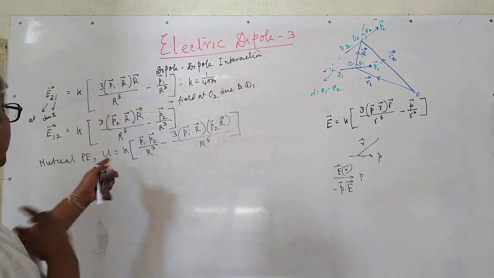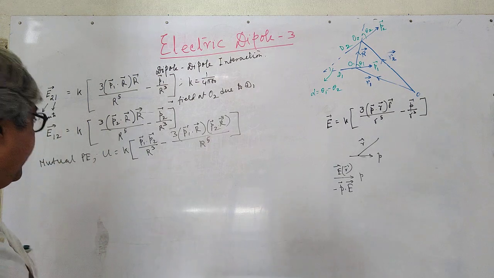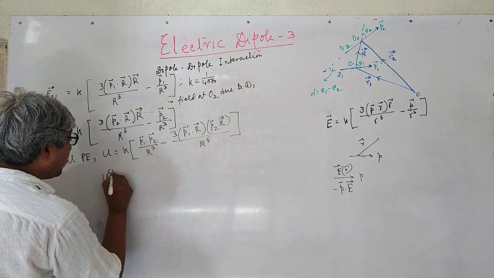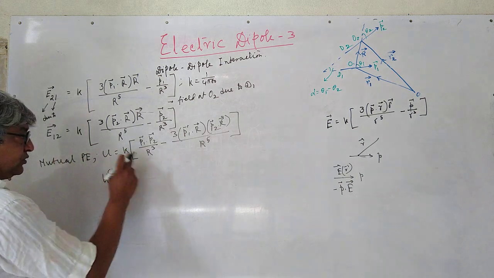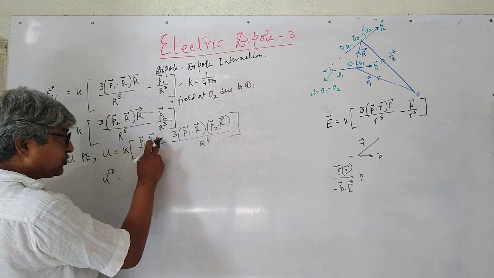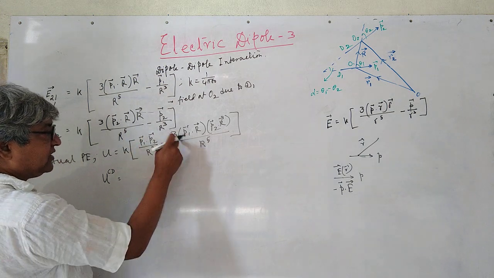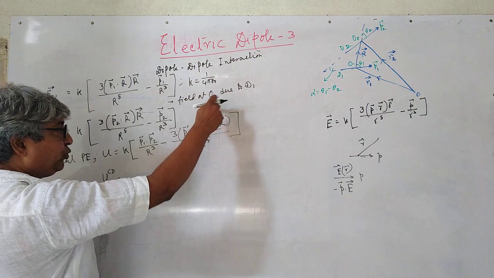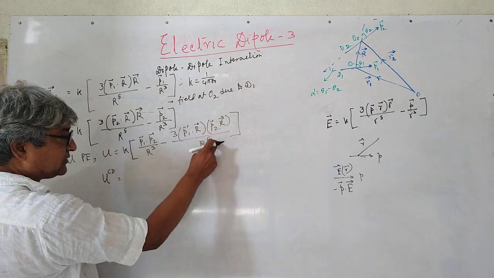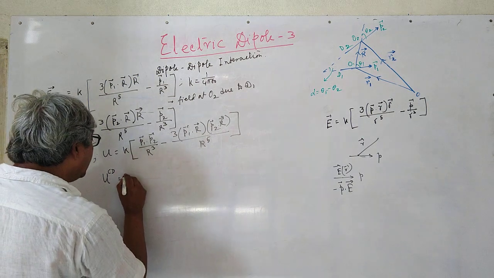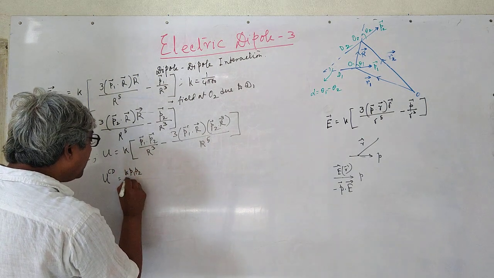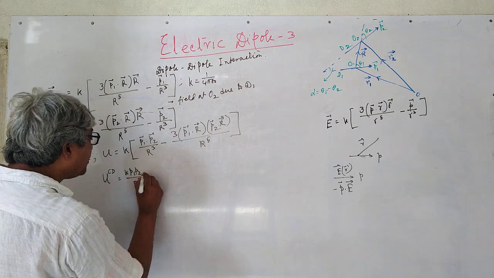So we can simplify this for a coplanar dipole. We write U for coplanar dipoles. You see that this becomes P1 P2 cos alpha by R cube, and this becomes P1 R, P2 R, cos theta 1, cos theta 2, and the R's cancel in the power, and we can take k P1 P2 by R cube common.